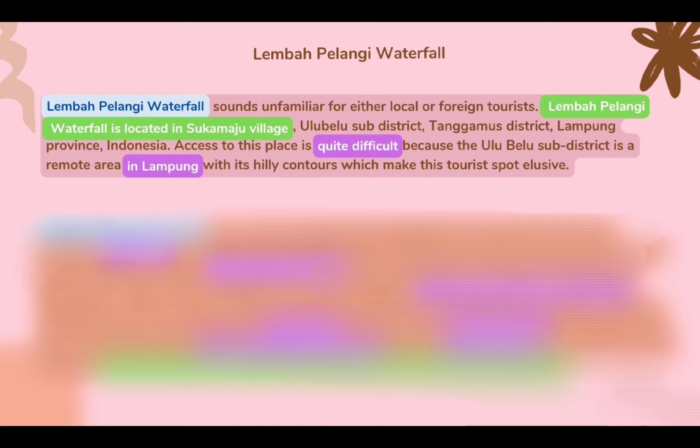The paragraph is the identification part. Why is it identification? Can you guess? That's because the first paragraph contains the introduction of Lembah Pelangi waterfall, such as where the place is and how to get there, and others.